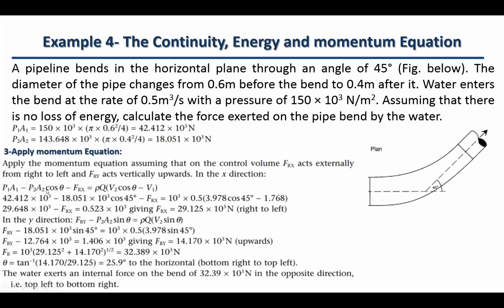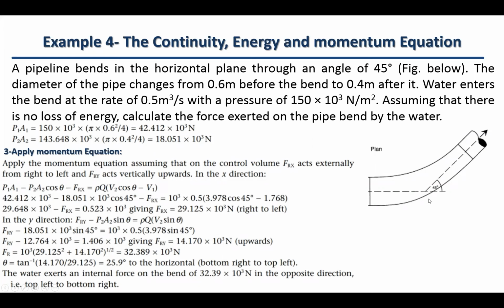You can refer to the slides that we discussed about how to calculate FRX and FRY. We write everything here, and FRX is calculated as 29.125 thousand newtons, right to left.